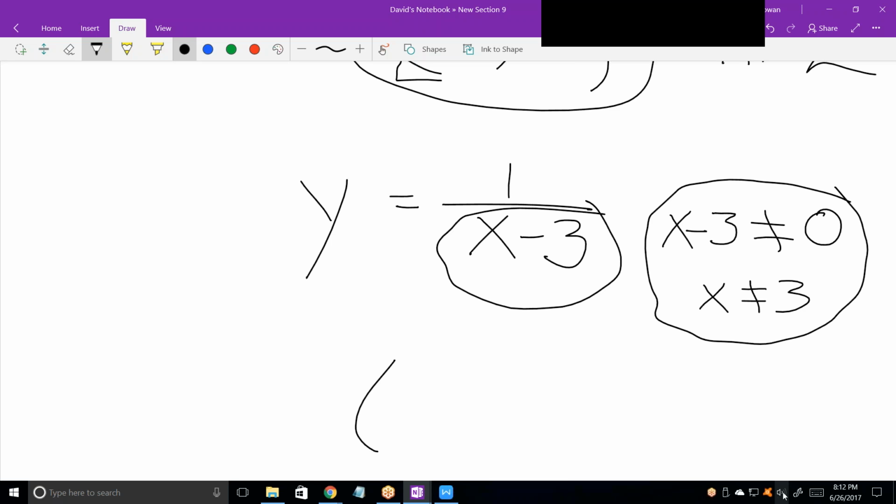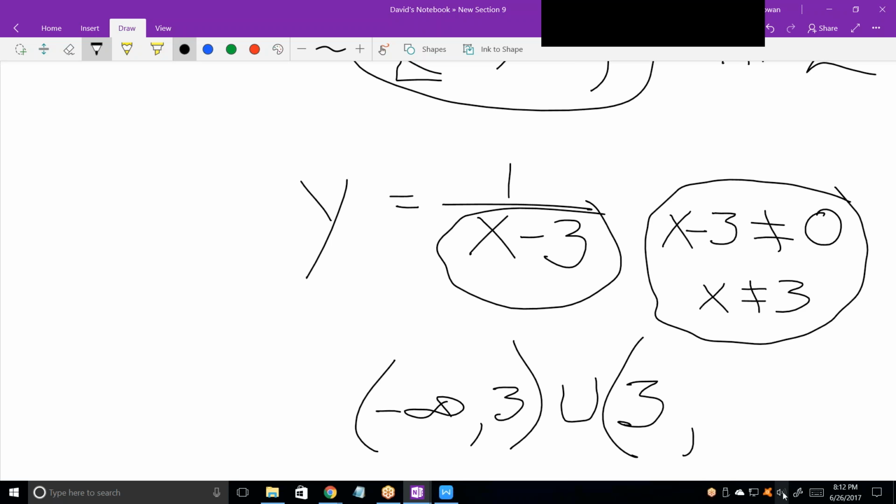So in interval notation, it's minus infinity to 3 with parentheses in combination with 3 to positive infinity. And I use parentheses in all 4 spots because x cannot be 3. If x were 3, I'd be dividing by 0.